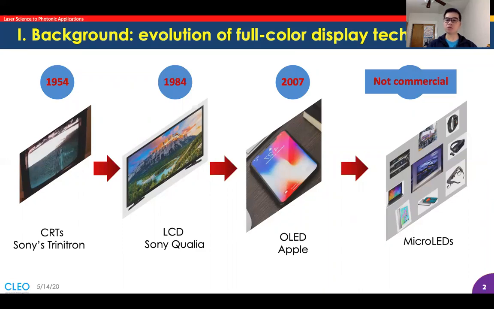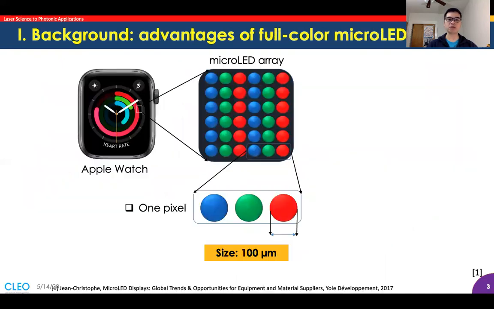Here the question is, what does a micro LED display look like? Let's take an example. Imagine an Apple Watch with a micro LED display. When we look closely at these color rings, they are actually an array of micro LEDs emitting red, green, and blue color.